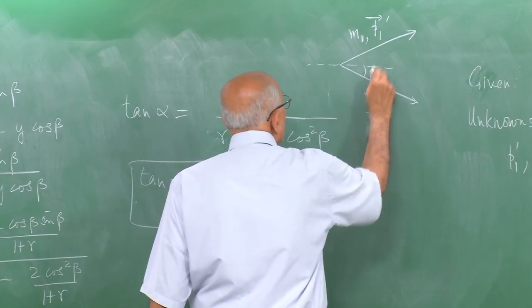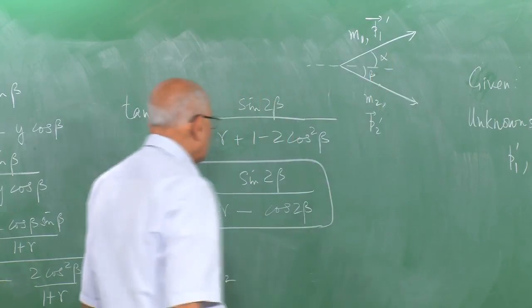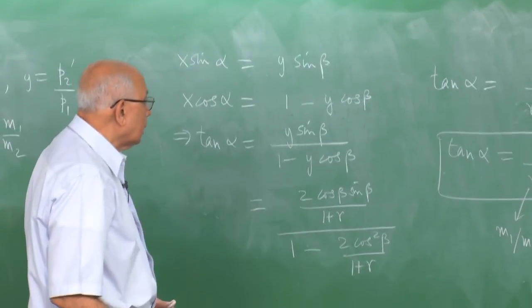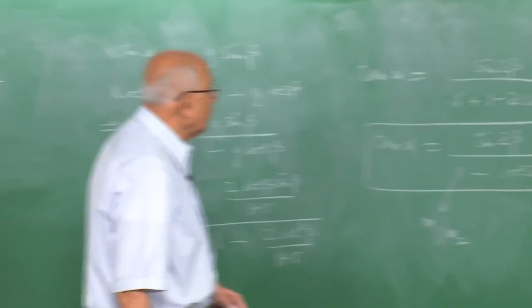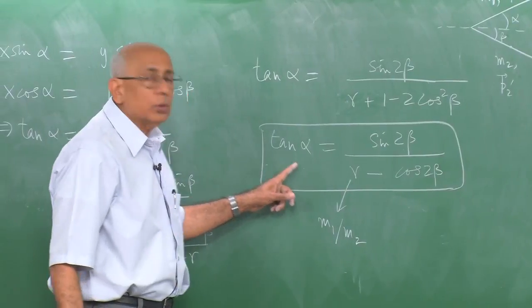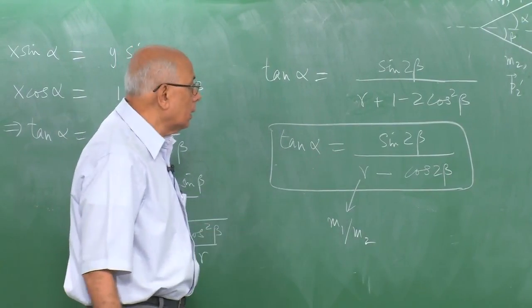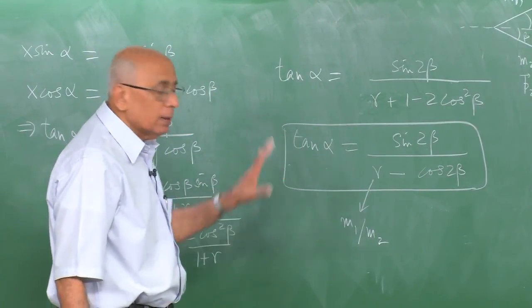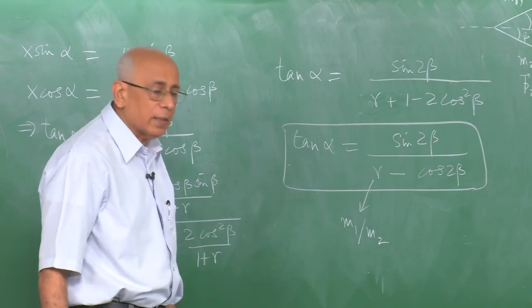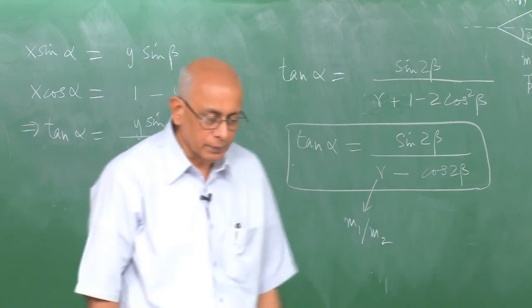This angle is beta, that angle is alpha. And we have a solution which tells you what each of these momenta are, p1 prime and p2 prime. We also have a solution for the angle here. So what we need to do now is analyze this solution and see what all the special cases are, and we'll do that next.